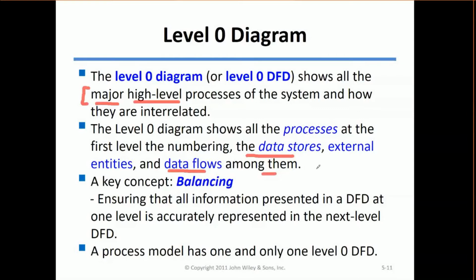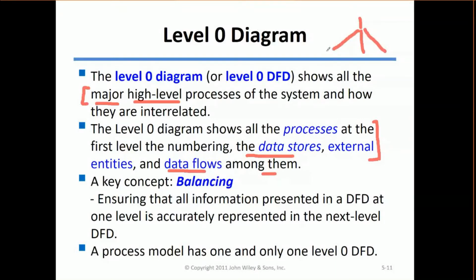So it will be a very beginner level, but the one process that we showed in a context diagram, the whole system shown as one process, in a level 0 diagram we decompose into 1, 2, 3, or 4, it depends on you.